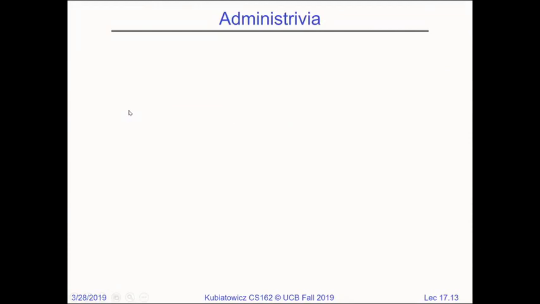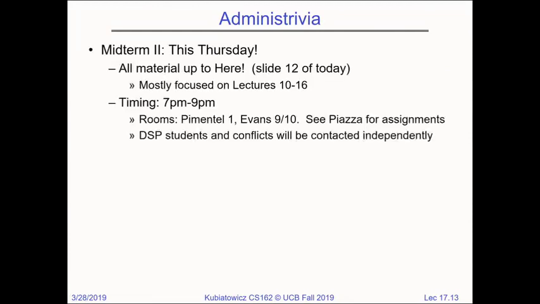So, administrivia. In case you weren't aware of it, thought I'd point it out. There's actually an exam in 2 days. This is the first term I've ever tried doing 3 midterms in the term rather than a final. It's kind of an interesting experience because you're always doing a midterm, it seems. But anyway, midterm is on Thursday.